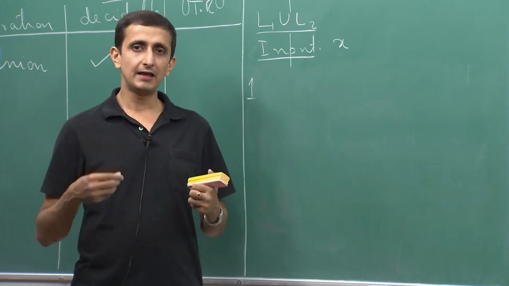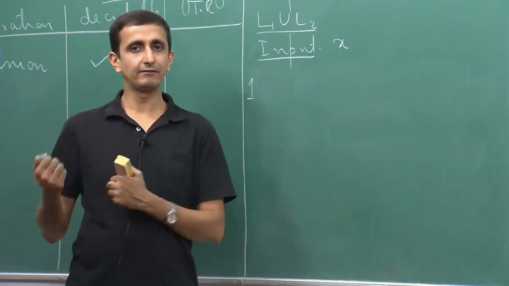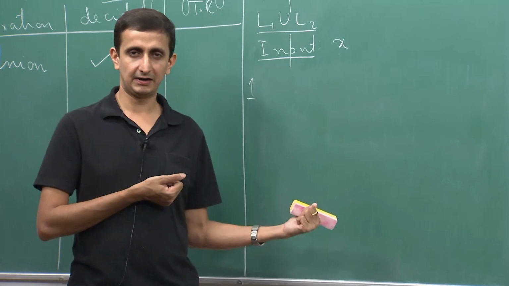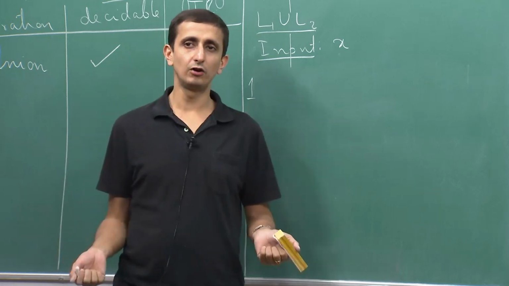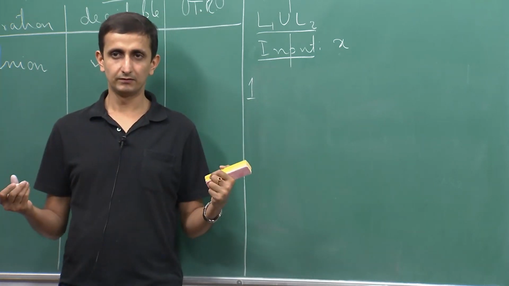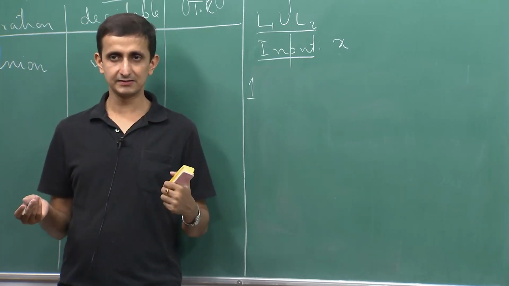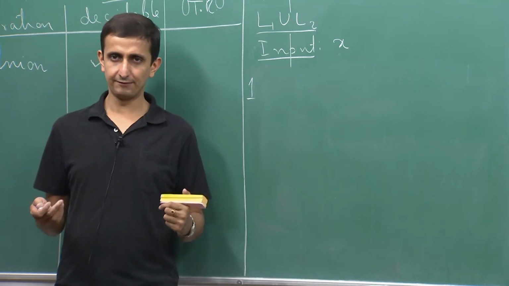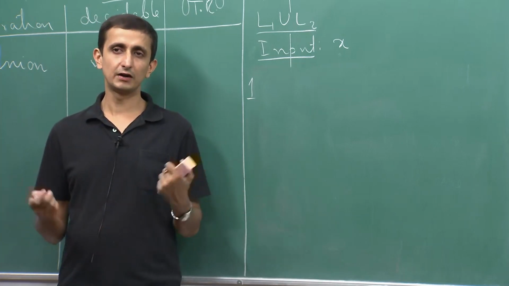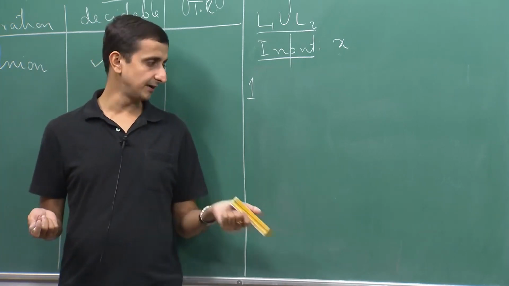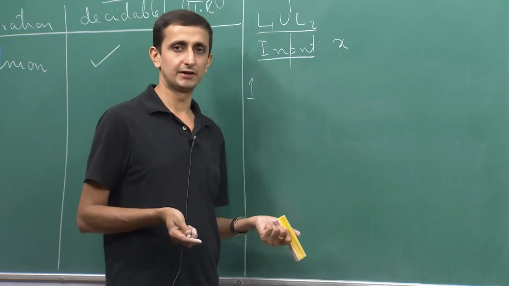In other words, we will run M1 for one step on x, then we will run M2 for one step, then again M1 for one step, then M2 for another step, and so on. We do not allow one machine to take control of x at a time. If one of the machines ever accepts, then we accept. If none of the machines accept, or if both machines go into an infinite loop, then of course we will go into an infinite loop, but it does not matter, because then x does not belong to L1 union L2.